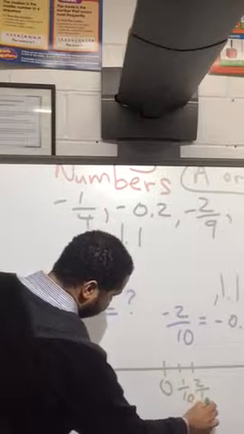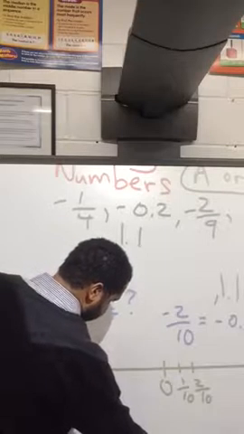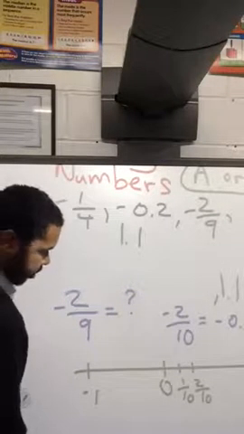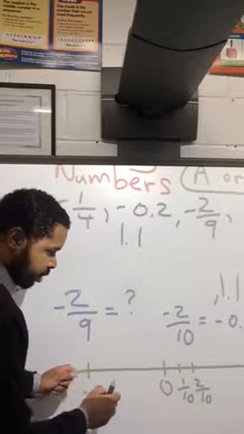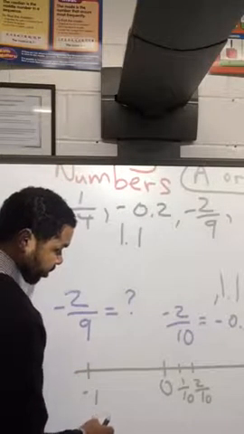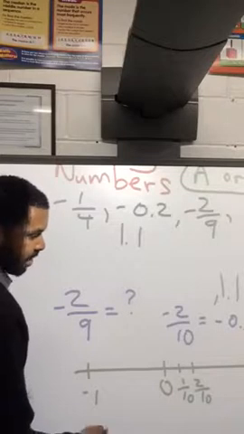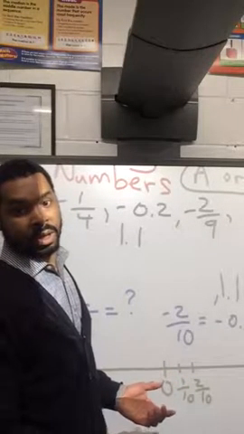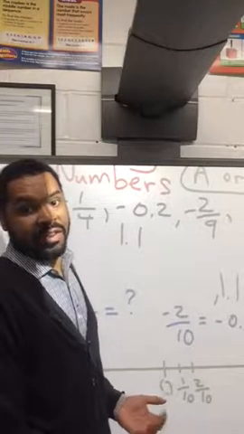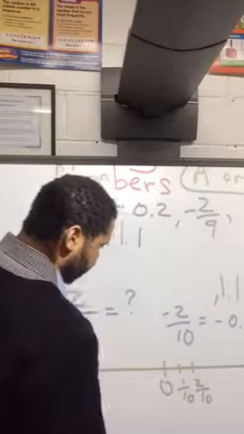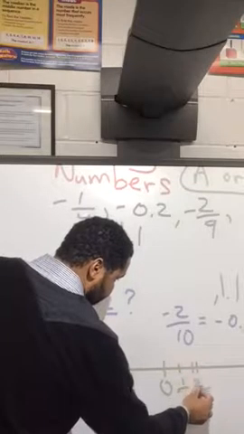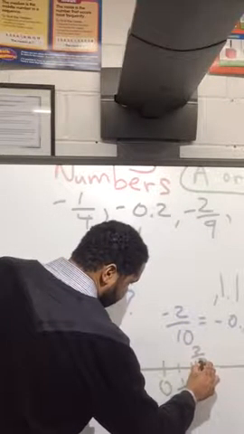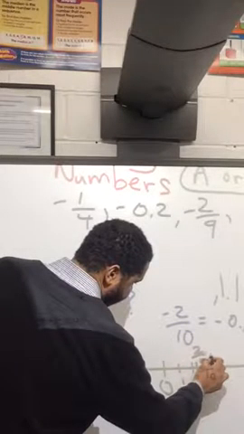Again, it's not drawn to scale. And obviously 2/9 is actually more than 2/10. How do I know that? Because if I divide up 2 pizzas for 9 people, everybody's going to get more than if I divide 2 pizzas for 10 people. So 2/9 would be somewhere around here. Cool?